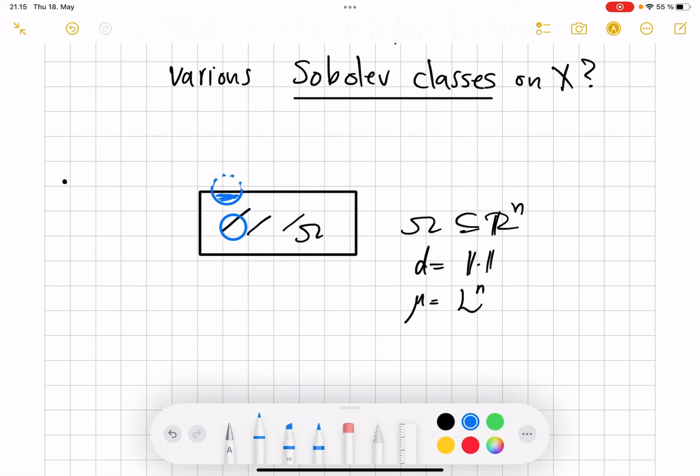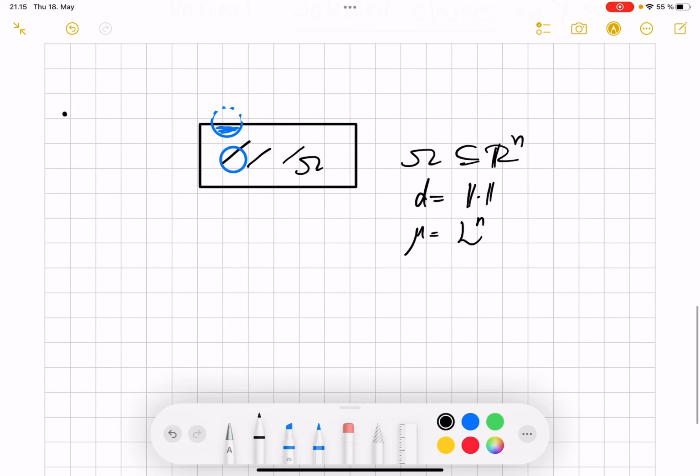You can still see that the measure is alpha regular, so the measure of every ball centered at some point in your space with radius r is well less than pi r squared. Well, this will be okay. Let's not be precise with the actual constant.